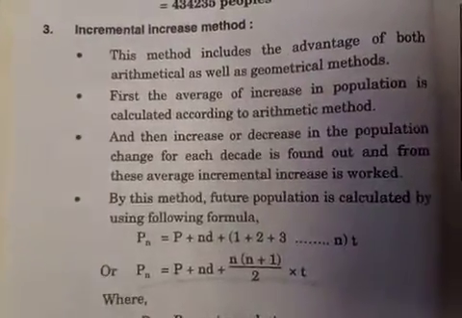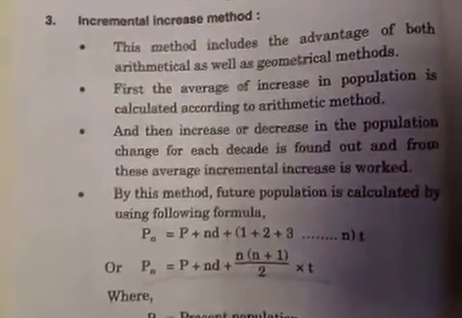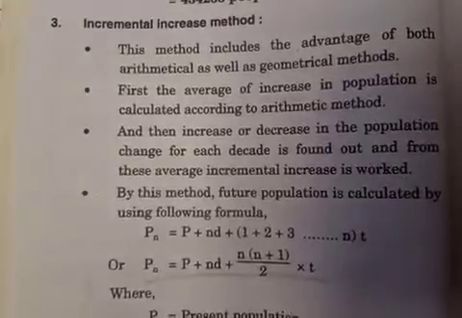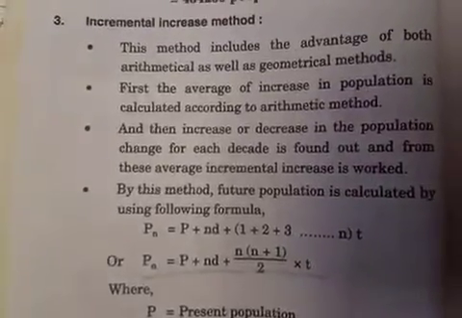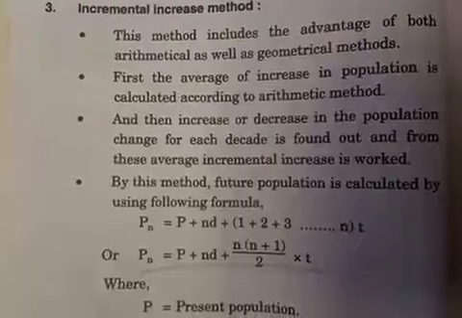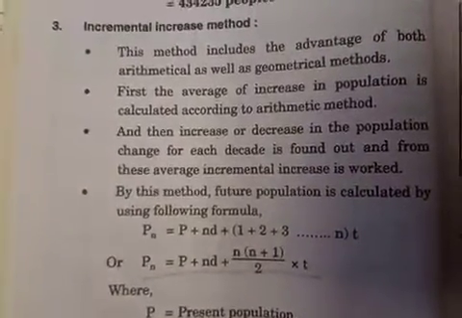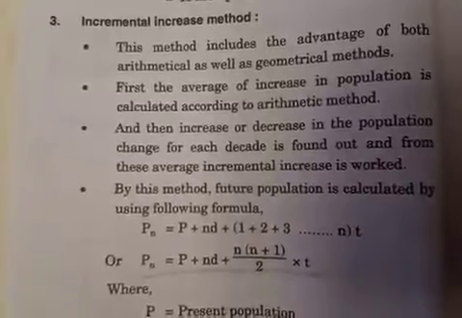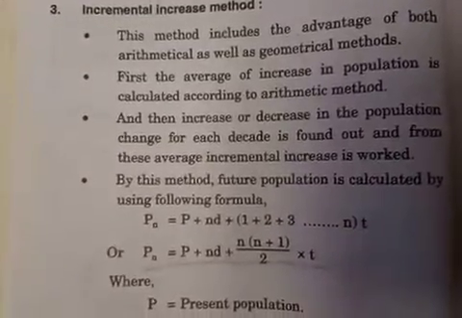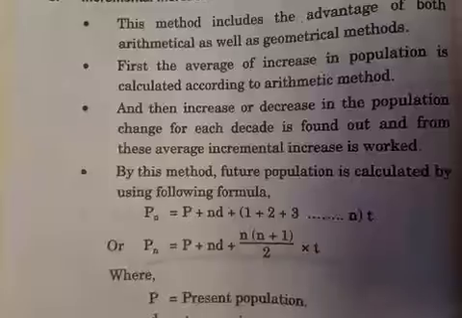In this method we achieve the advantage of both the arithmetical as well as the geometrical increase method. In this method we first calculate the average population increase per decade according to the arithmetical increase method.